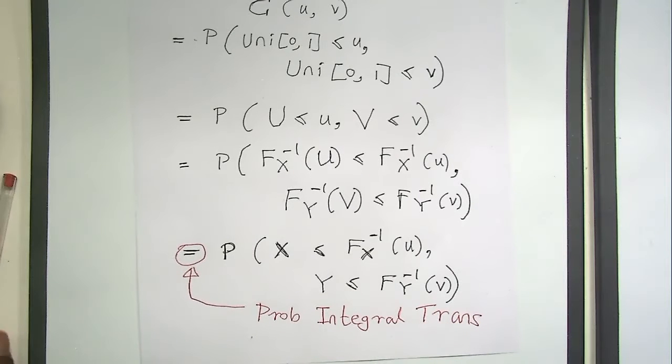I don't know whether you've seen this before. If you have a uniform variable and you take F_X inverse of that, what you get is the random variable X. Haven't you seen that before or not?